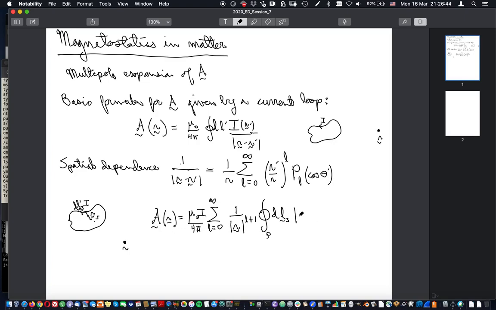And now I have the power of the source vector to the power L, with the Lth Legendre polynomial of the angle between the two vectors, which is really just the dot product of the two unit vectors, r hat and r_s hat. r hat is just the unit vector going in the direction of r, r_s hat is just a unit vector going towards the source, and dl is just the little element that I integrate over on this loop here.